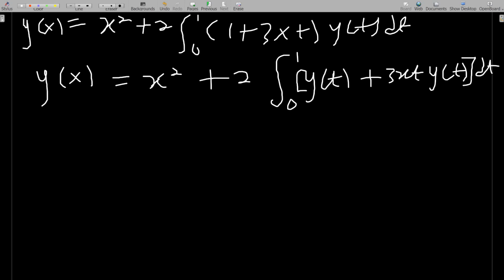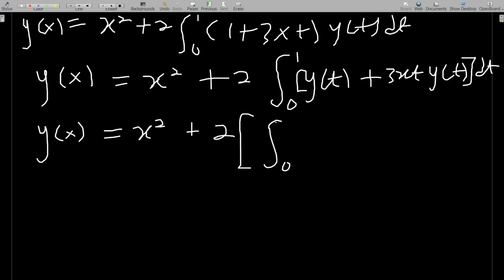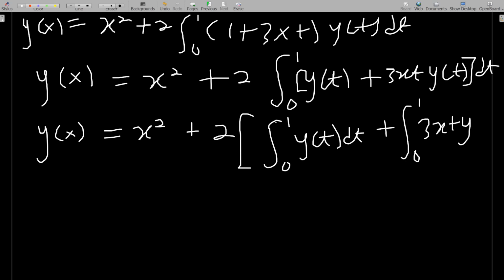Since I have a summation of functions here, I can split the integral sign into two to get a summation of kernels. So it is 2 into the integral from 0 to 1 of y of t dt, plus the integral from 0 to 1 of 3xt y of t dt. I hope you get what I'm trying to say.